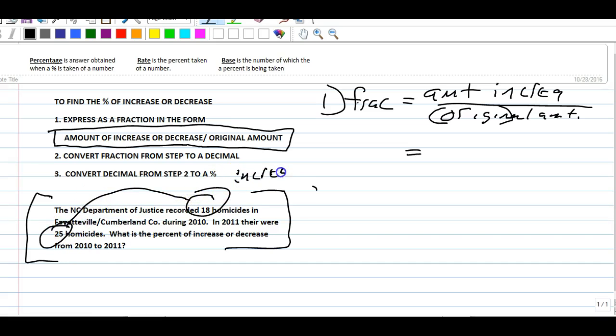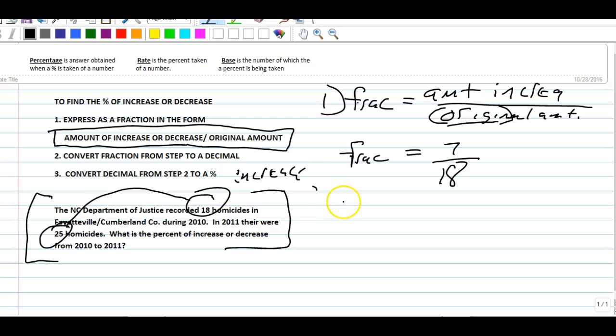So the amount of the increase here is 7 over the original amount. In the beginning, there were only 18. So be careful here. The fraction that we're working with is not 18 over 25.